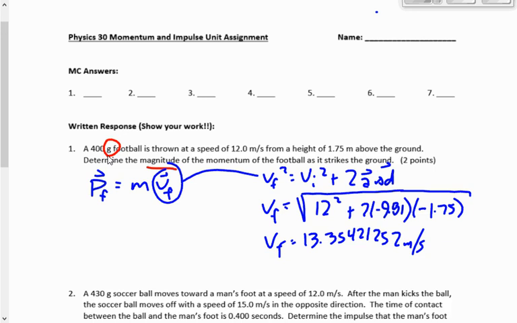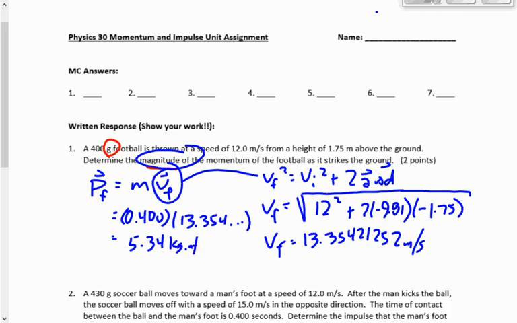In the end, it doesn't matter, because we're only looking for the magnitude of the momentum. So we're going to multiply 0.4 kilograms times the magnitude of the velocity, in other words, the speed. And when we do that, we get a value of 5.34 kilogram meters per second. That's a 2-point question.